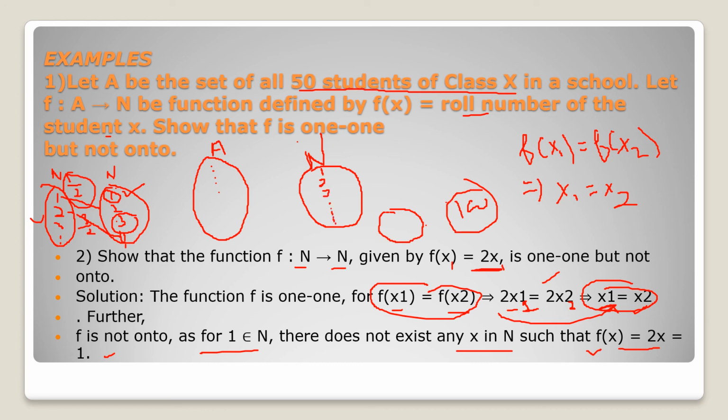Obviously each student must have some roll number, right? So what do we have to show? That this function is 1-1. For a function to be 1-1, each element in A must have distinct image. So each student in A must have a distinct roll number. No two students can have the same roll number. So yes, this function is 1-1.